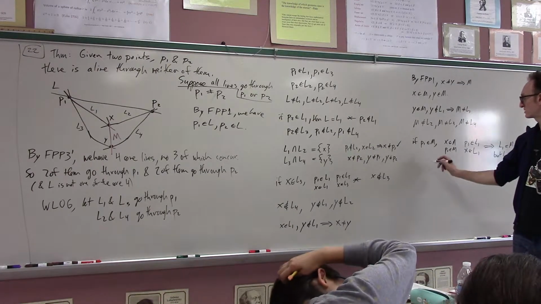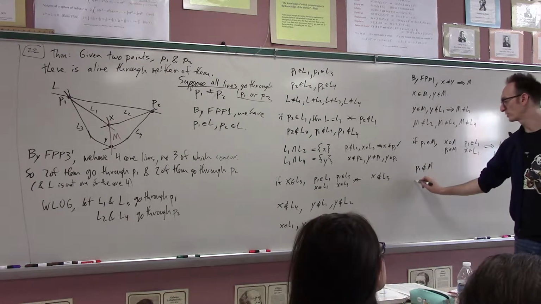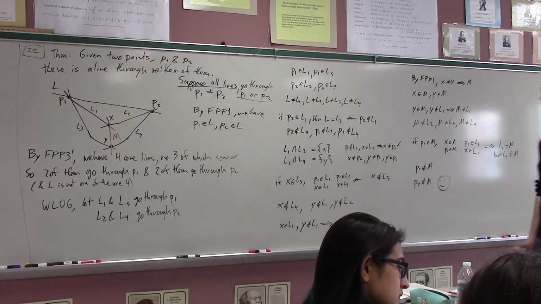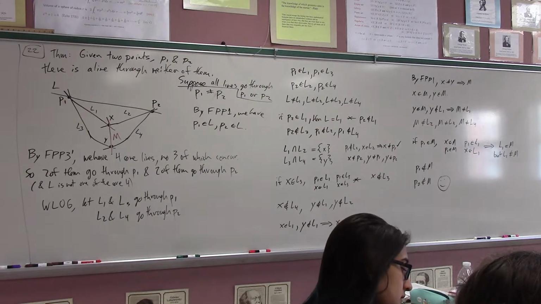So this shows that P1 is not on M, and similarly P2 is not on M, and therefore we have constructed a line M that doesn't go through P1 or P2.